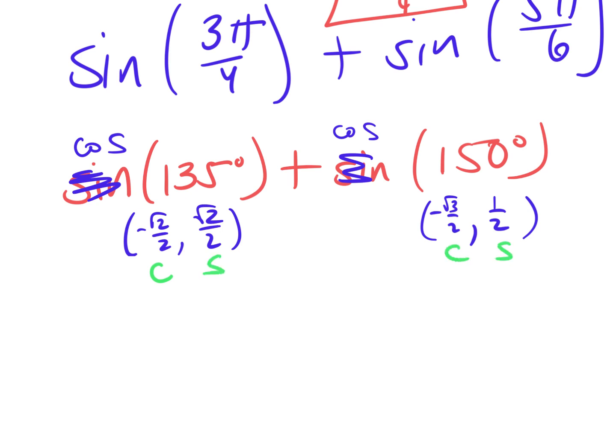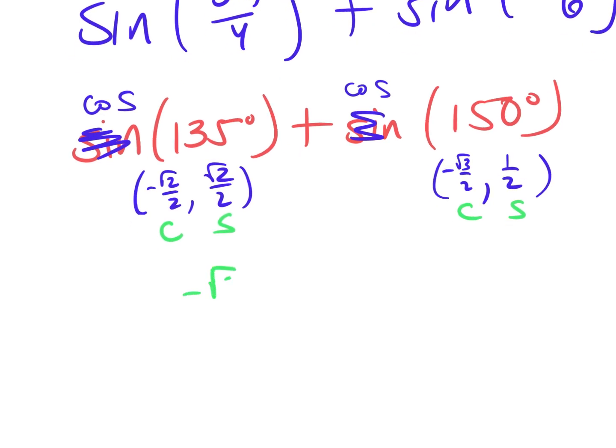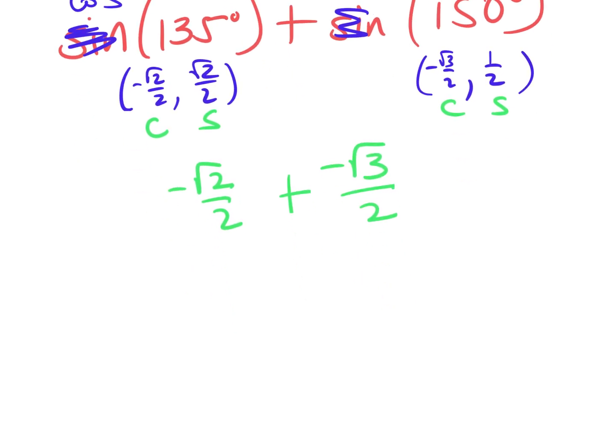In this case, guys, you're not pulling from the formula because you're not adding the two angles together and then finding the trig function. You're taking two independent angles and adding the cosines of them together. So this becomes negative root 2 over 2 plus what? Negative square root of 3 over 2. How can I write that as 1?